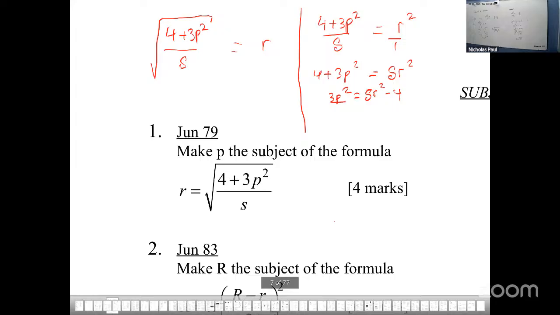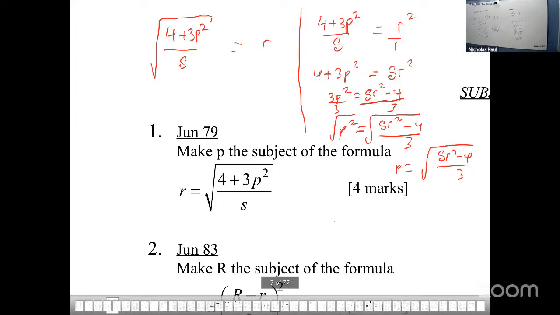So you divide both sides by 3, and you'll get p squared is equal to SR squared minus 4 over 3. What's the last step, David? Square root. So P will be equal to the square root of SR squared minus 4 over 3. Nice. Copy it down.